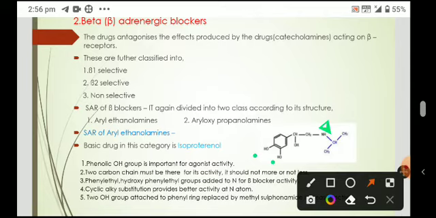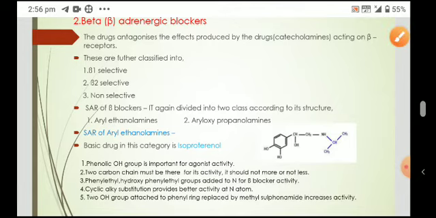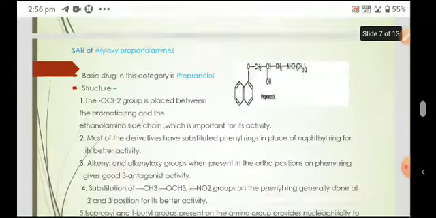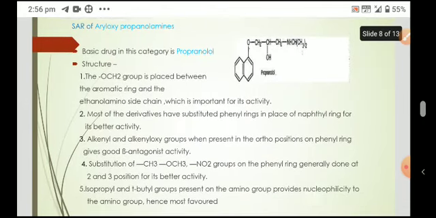If these two phenyl hydroxy groups are replaced by the methyl sulfonamide, it will increase its activity. So if the two OH groups attached to the phenyl ring are replaced by the sulfonamide group, that leads to an increase in activity. So this is the simple SAR of the first category, that is aryl ethanolamines, including the basic drug isoproterenol. Now the second category, SAR of aryloxypropanolamine.